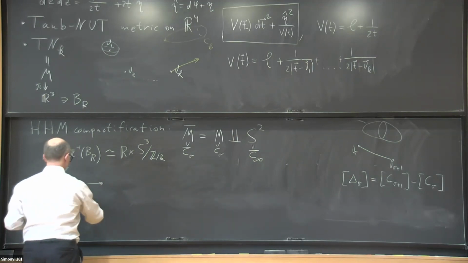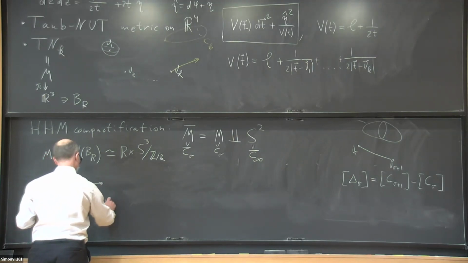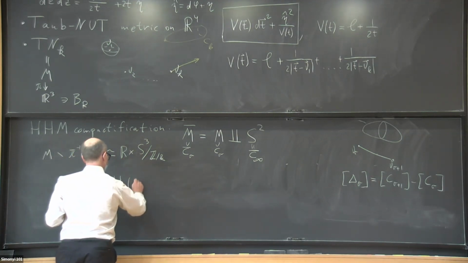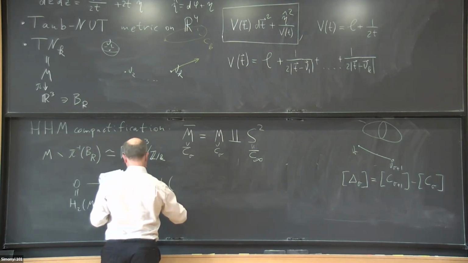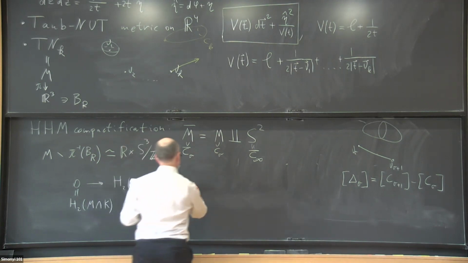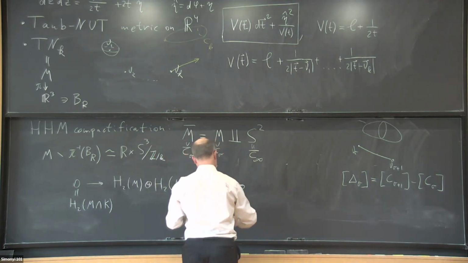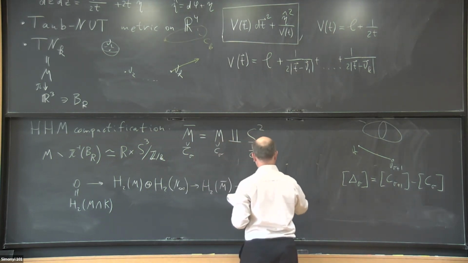You get H2 of the intersection, H2 of M, H2 of the neighborhood of infinity, and H1 of the intersection of M and the neighborhood of infinity.